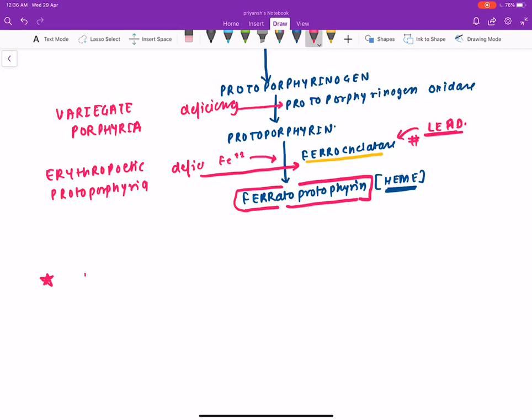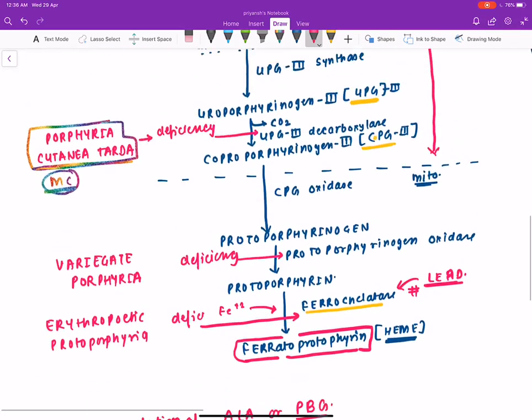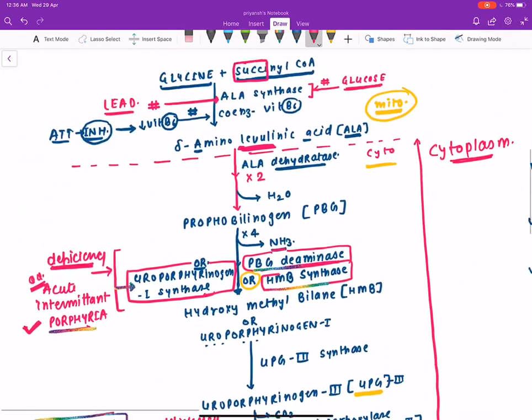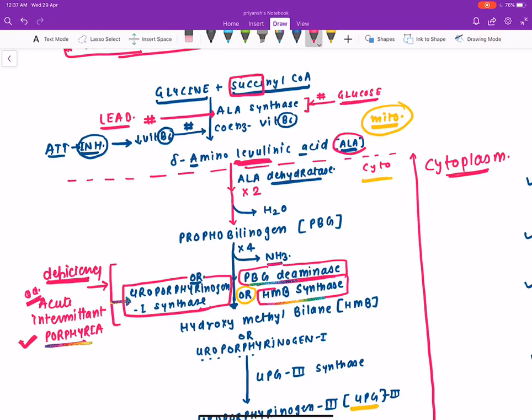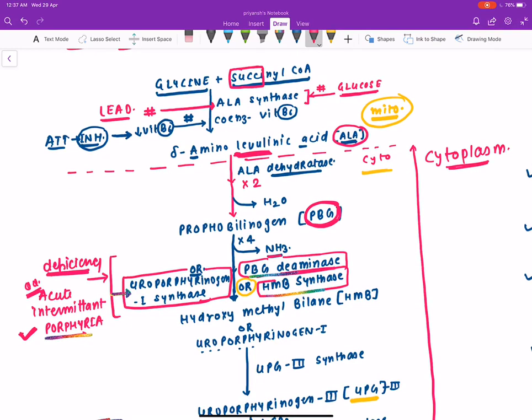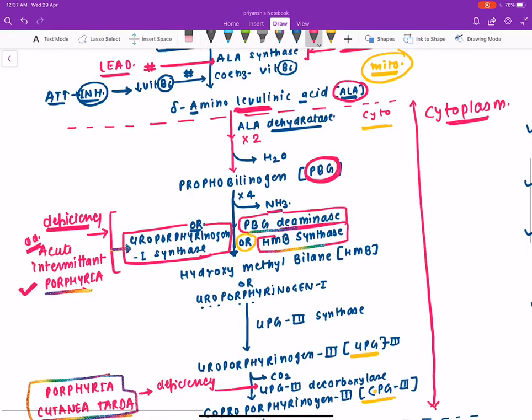If there is accumulation of ALA, aminolevulinic acid, or PBG, if there is accumulation of either of these two molecules, then it will produce the neuropsychiatric symptom.